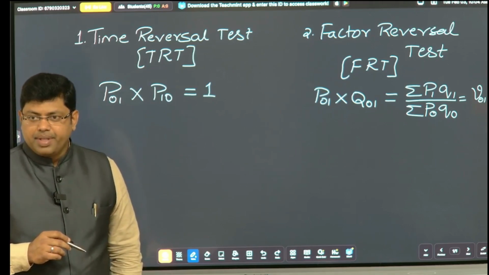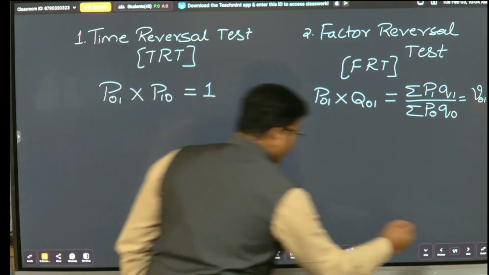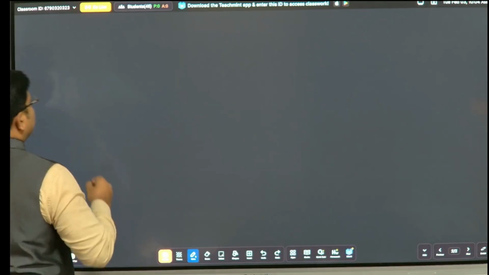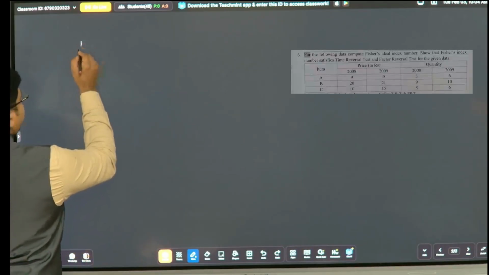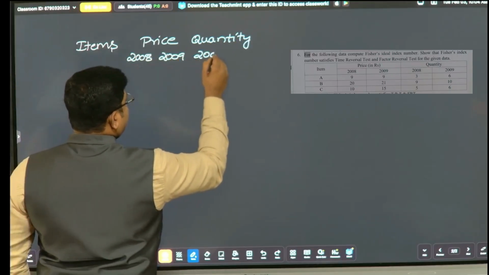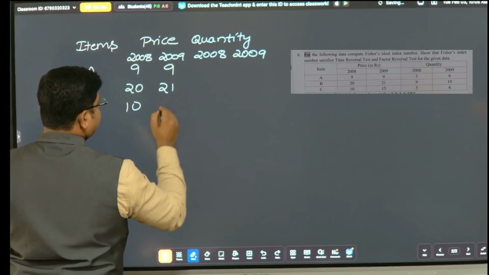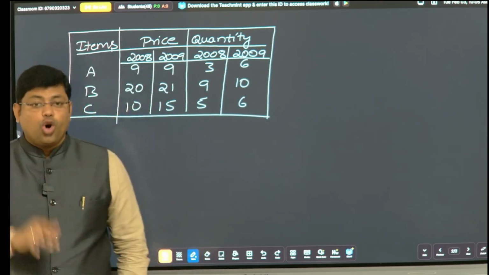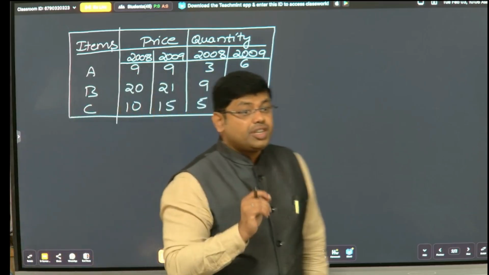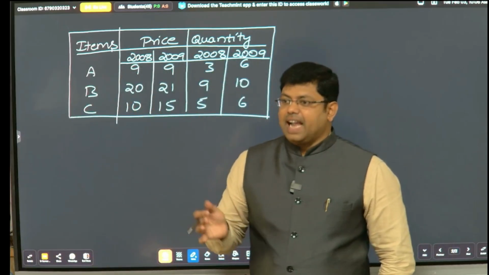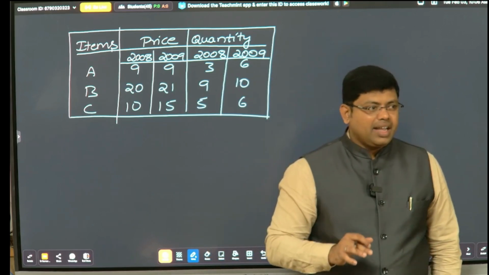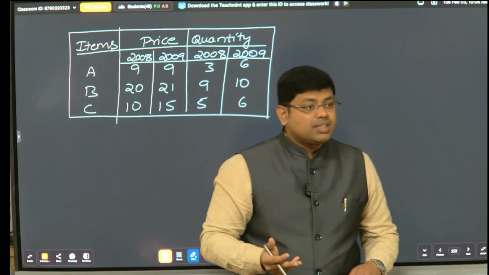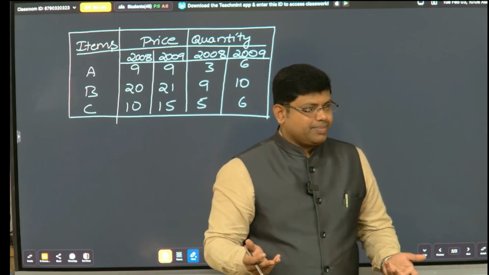Shall we take up a problem? Okay, please help me to write the problem. The viewers should understand. So what is the first column? They are asking us to show whether Fisher's formula will satisfy TRT and FRT. Which formula are they asking? Fisher's. If they ask Laspeyres, we have to use that formula.